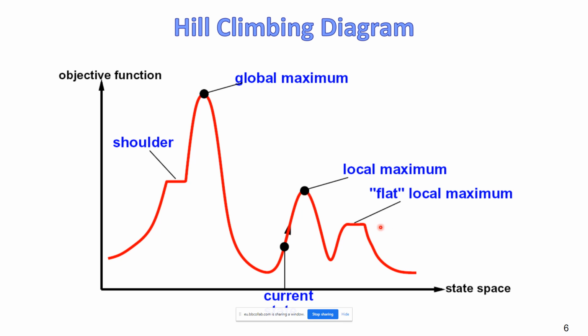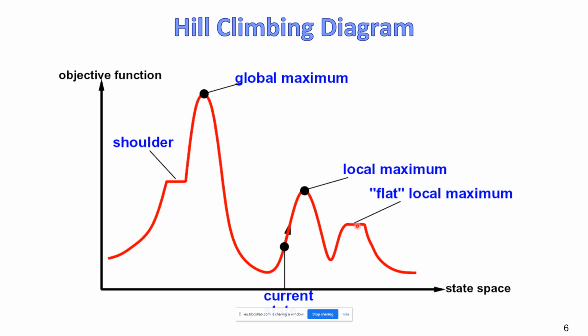Sometimes we can also get something like this. We call it a flat local maximum. It's still not the maximum globally. It's local, but it's flat. Flat means that we have multiple states that have the same objective value. So it's not just one state, it's a set of states that have the same value.